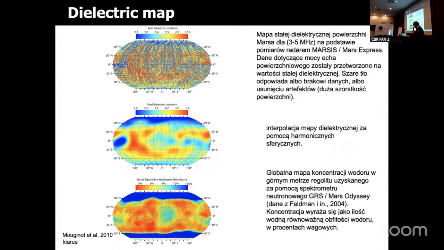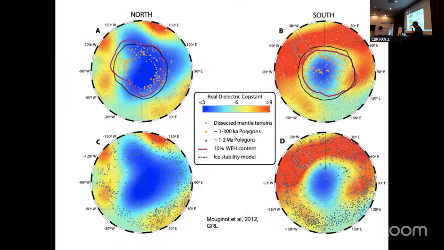And you have plenty of water in the north and here also, which correlates well with the electric properties which we determined, which shows that in the North Plain we have a lot of water ice, like in permafrost.